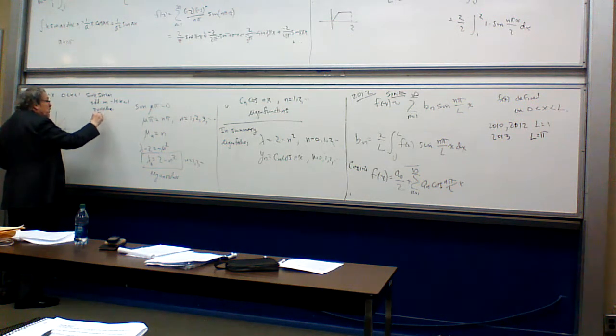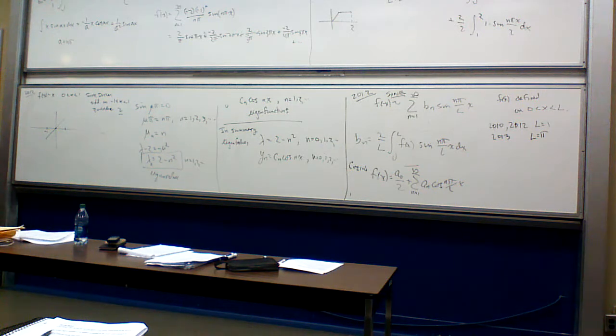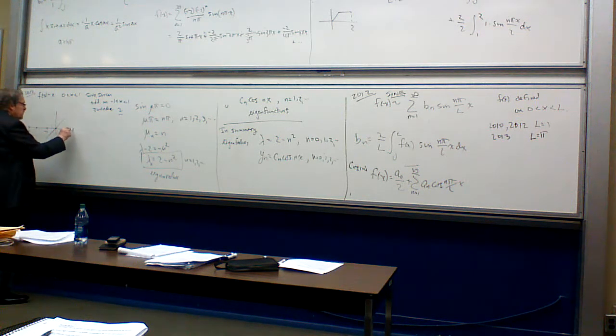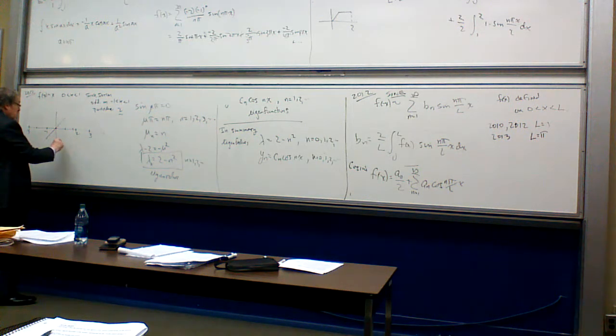In general, the period is 2 times L, so the period is 2, and the problem asked you to sketch this thing from -3 to 3. The basic idea is that this piece now repeats.